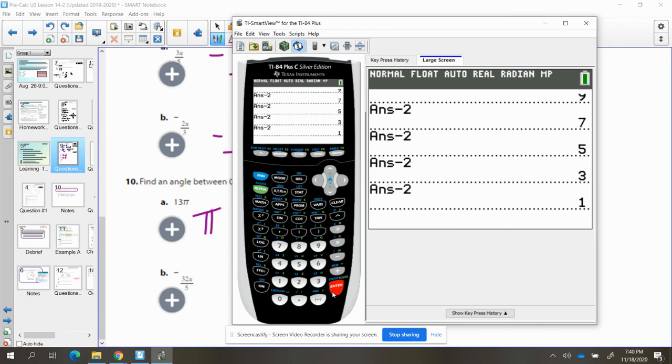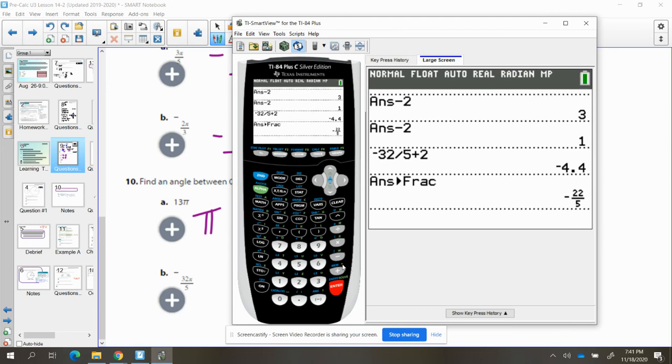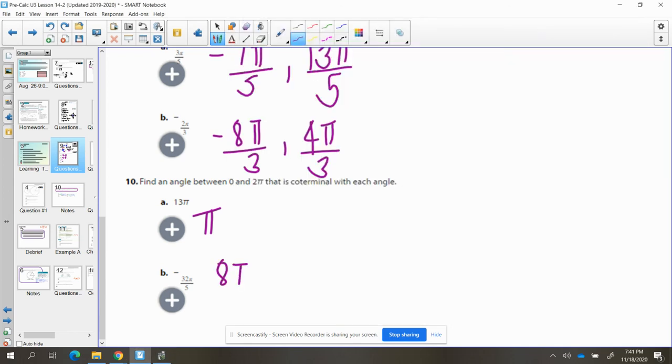And then with negative 32 pi over 5, we're going to have to add 2 pi multiple times. Okay, so we would add 2 pi to this. Well, this is still negative. And what we're seeing here is it's going to take adding this multiple times until we finally get to 8/5, which is between 0 and 2, aka 8 pi over 5. Okay.